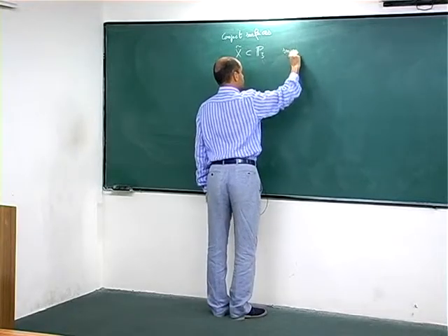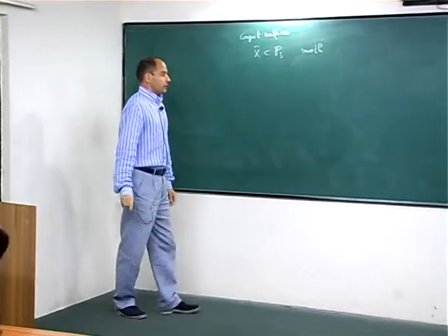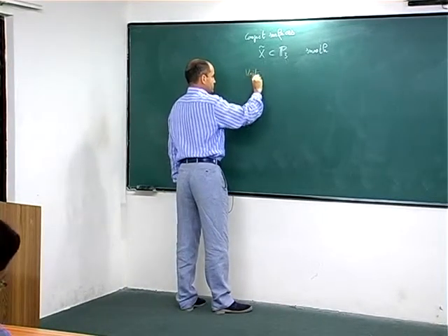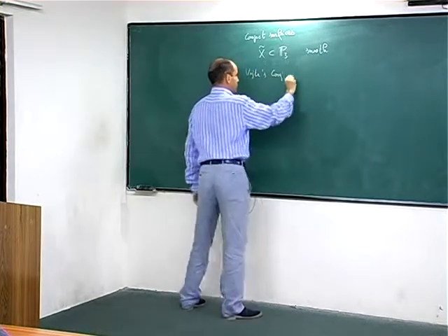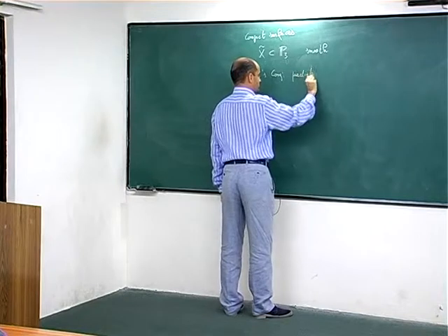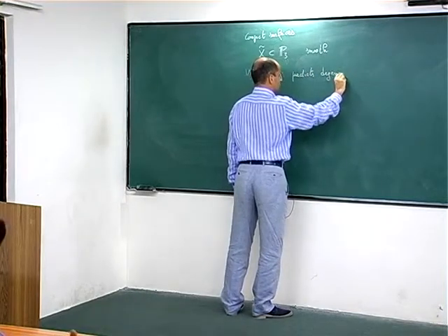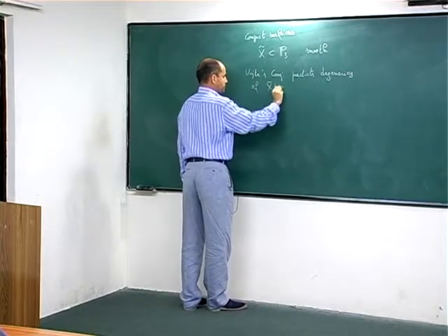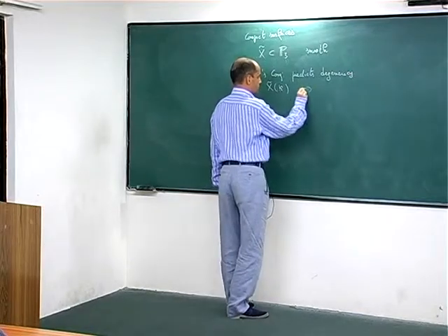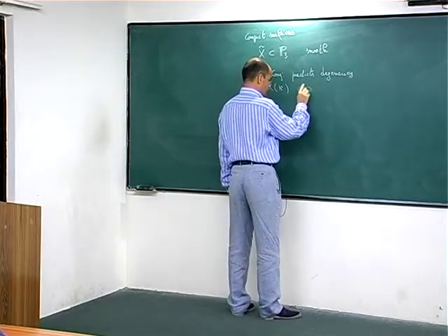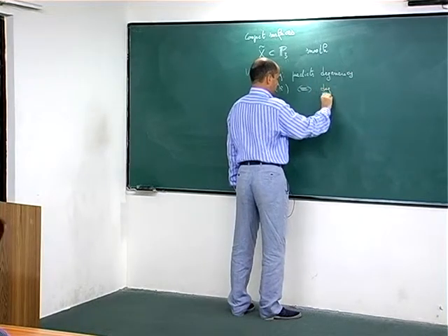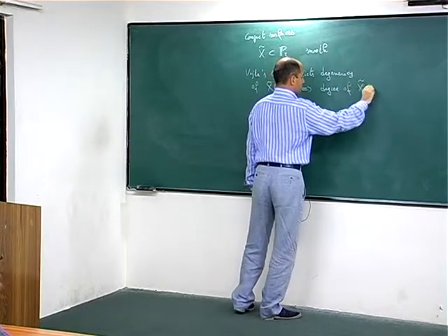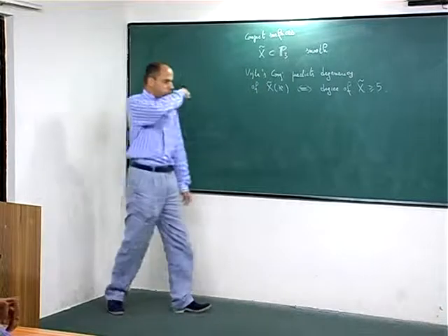So Vojta's conjecture predicts degeneracy of rational points as soon as the degree of X tilde is at least 5.